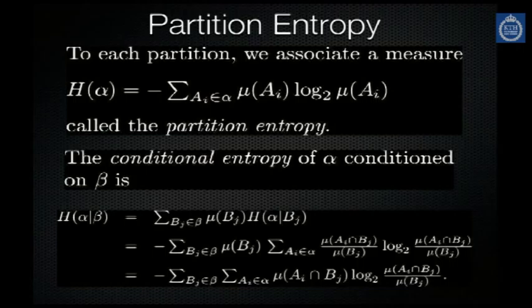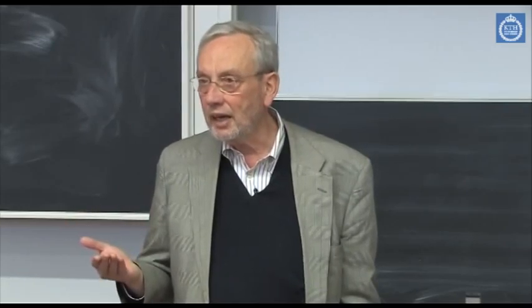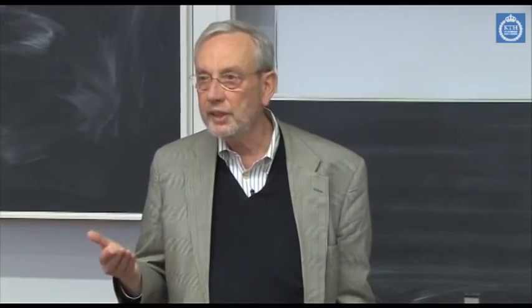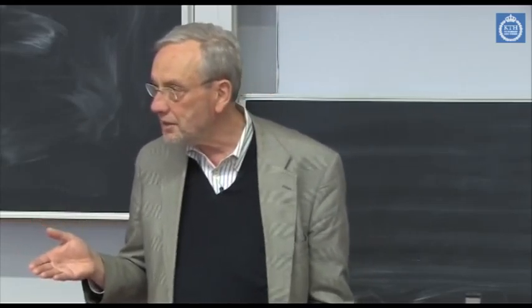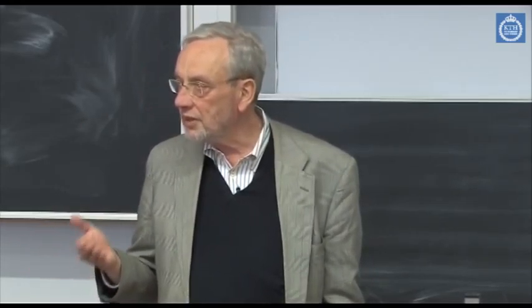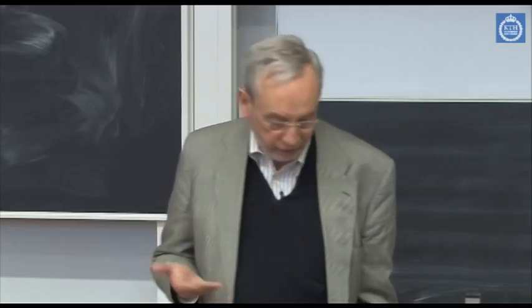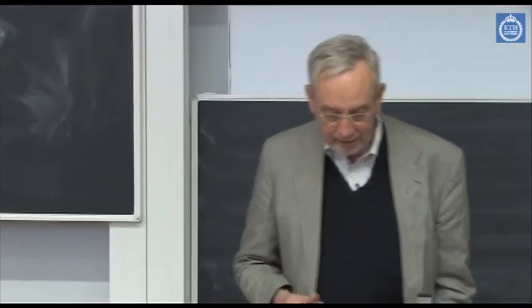The interpretation is that the measure of a cell in this partition is roughly like doing an experiment to find something that's located in the domain somewhere, and the measure of a cell in the partition is roughly the probability that you're going to find it within that cell.